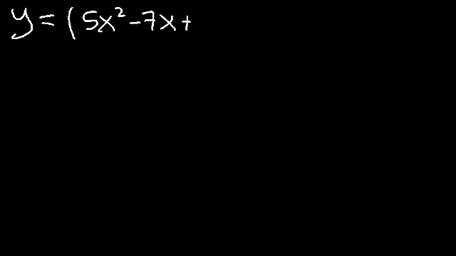Now let's see if we can get the same answer using the longer method, because sometimes you may have a free response question where you have to do it that way. So it's good to understand it at least. Now for the sake of practice, let's see if we can get the same answer using the other technique. So y is equal to (5x squared minus 7x plus 3) raised to the 3rd power.